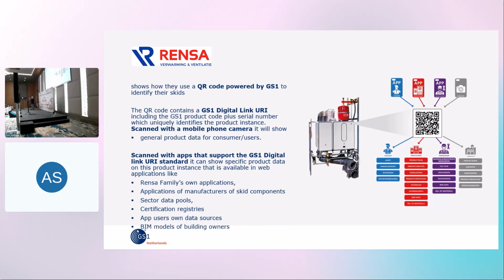One barcode that gives you access to the digital product passport, that will give you access to stock counting, that will give you access to invoicing. All these things can be done with the same barcode.